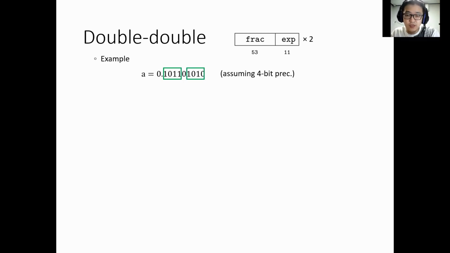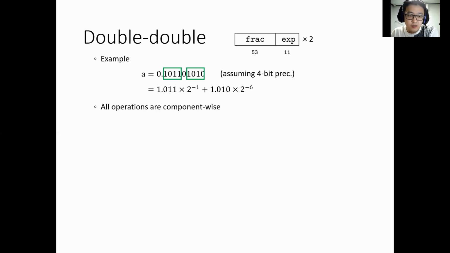Assume that we have a 4-bit precision for each double data structure, for explanation. Then we can take these two rectangular components so that we can represent the number A in this representation. So we are storing one number into two components or two doubles as an unevaluated sum.